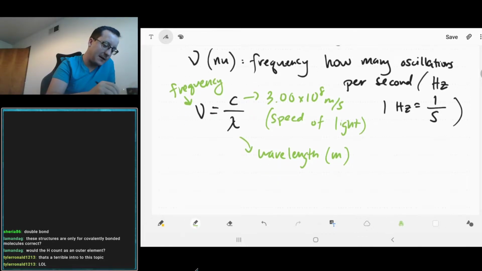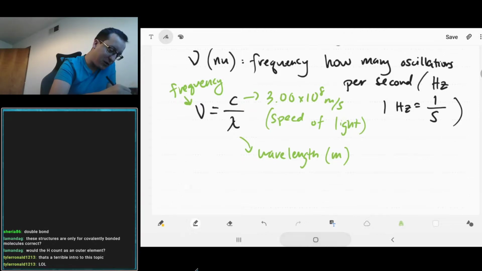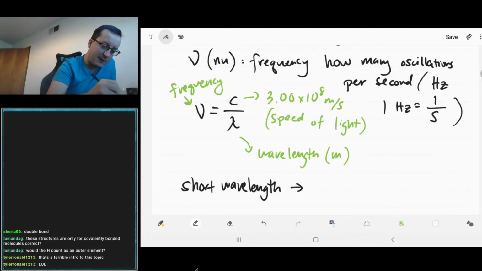So what this tells us is that a short wavelength will give us a high frequency.